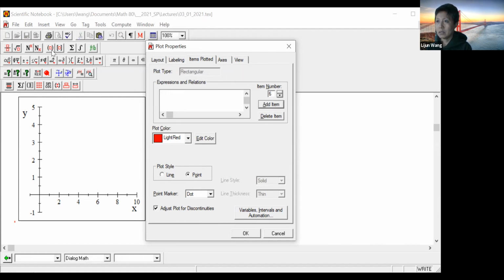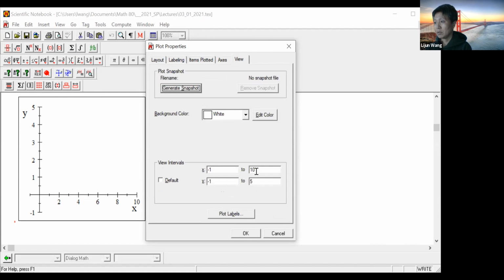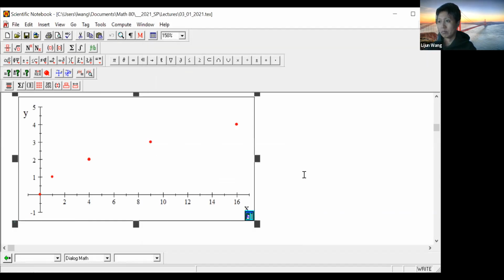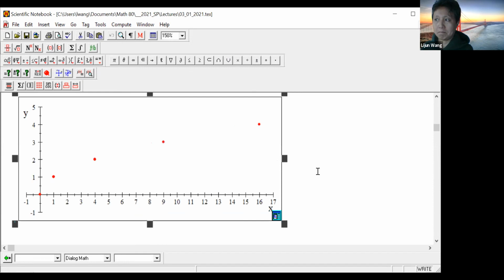Last but not least, 16, 4. Need to make adjustment to there. Right? Is that what you got?